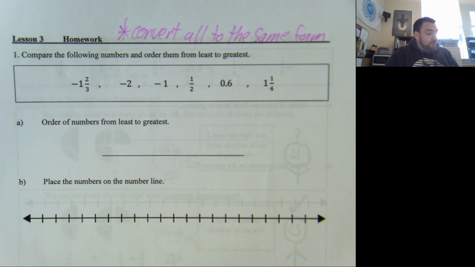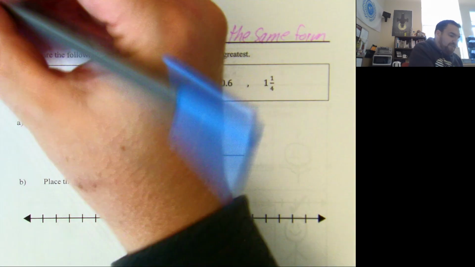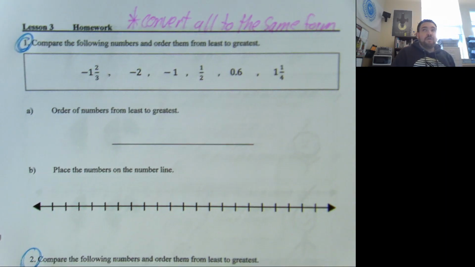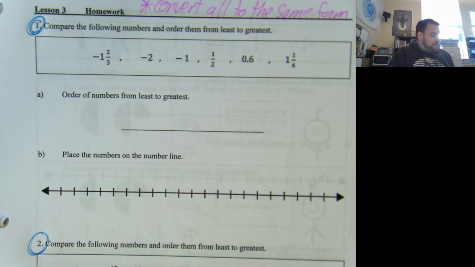Convert them all to the same form, order them, and place them on the number line. That is what I'm going to task you with. Let's say do the first 2 for me. You have time to do these first 2. If you've got comments, questions, concerns for me, let me know. Otherwise, that is your task for now on your Mark It Set Go.